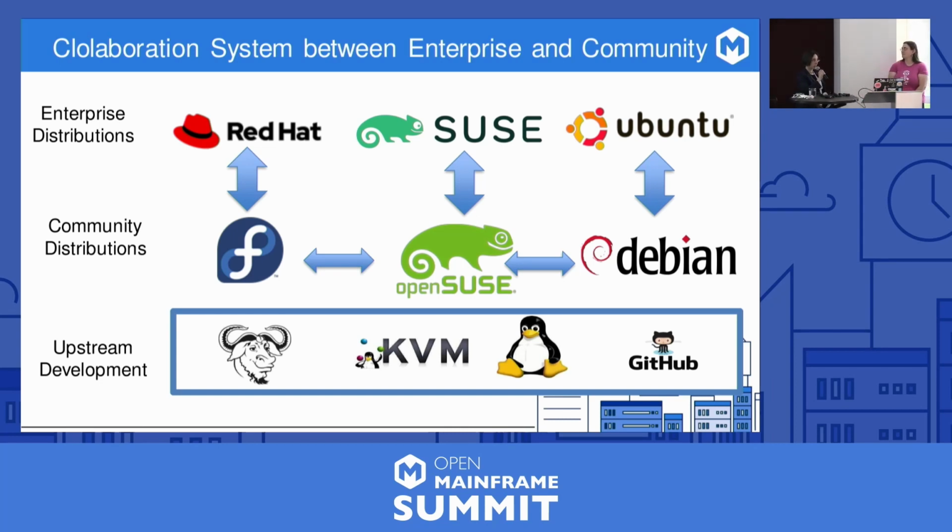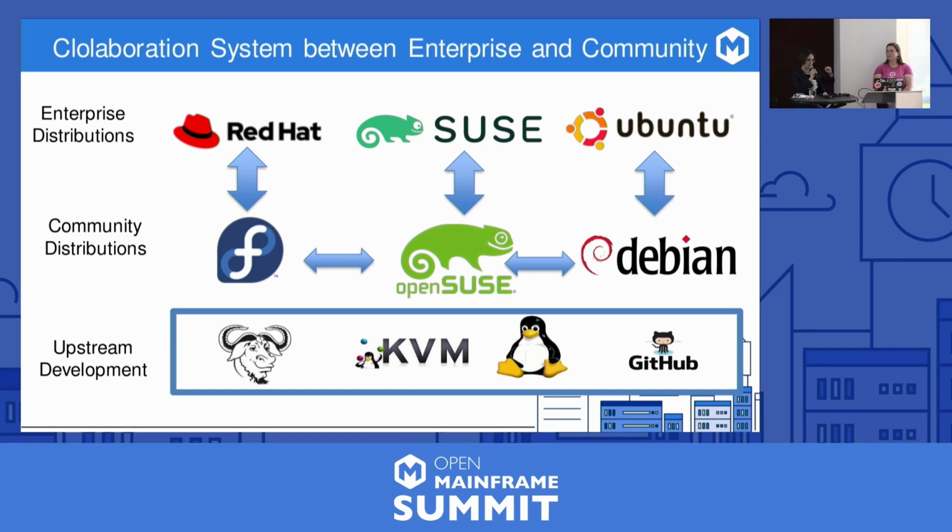Most of you know already the enterprise distributions supported by IBM: RHEL, SLES, and Ubuntu. But Red Hat has founded the community distribution Fedora, and SUSE has founded the community distribution openSUSE.